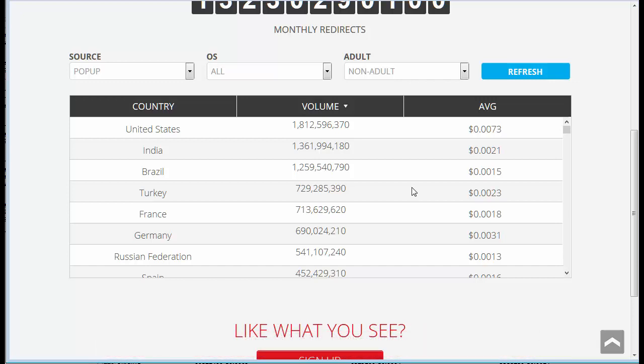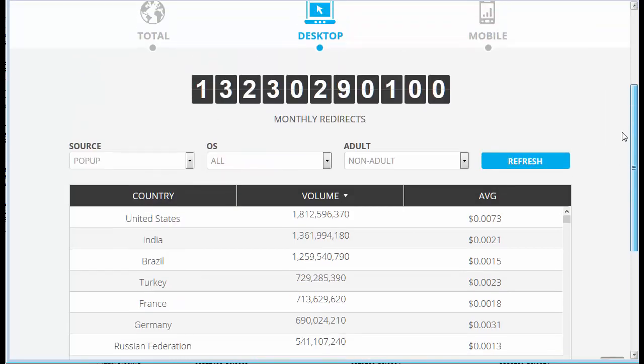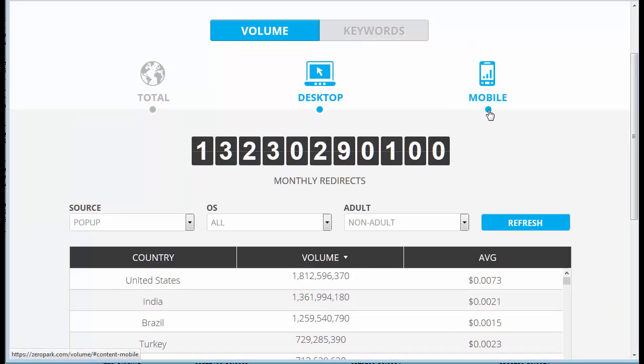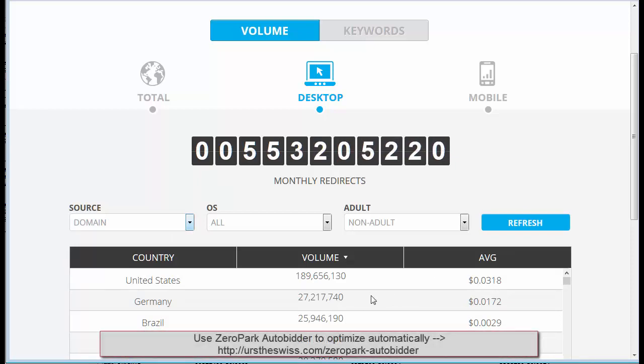Now let's make another example. Let's have a look at what would happen with that price if we did not do pop-ups, but if we did domains. So you saw before we were at 0.007, now the price went up to 0.0318. Now imagine you want to compete against run traffic costing 3 cents for redirection for domain traffic.